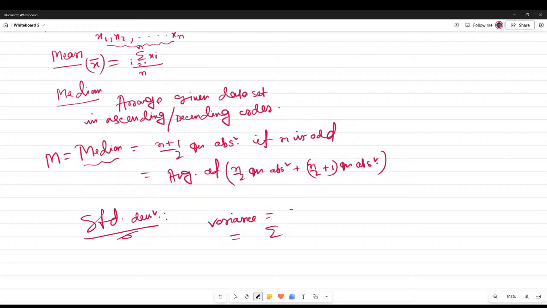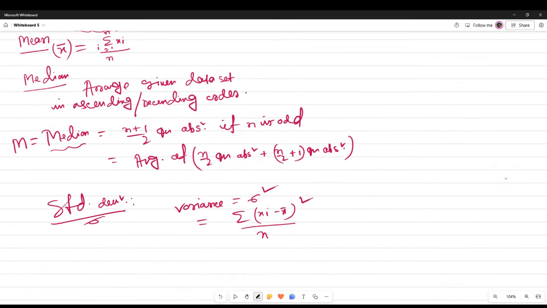So variance, sigma square, is sigma of (xi minus x bar) whole square, divided by n. This is called variance. Okay?